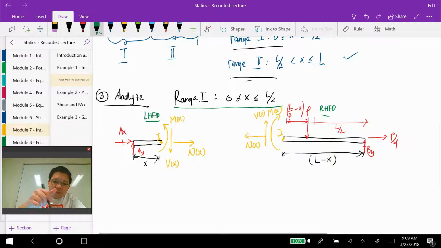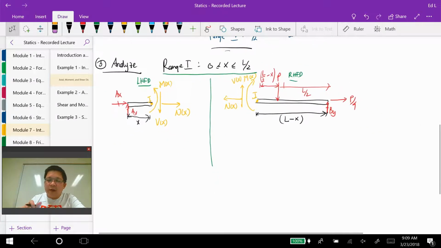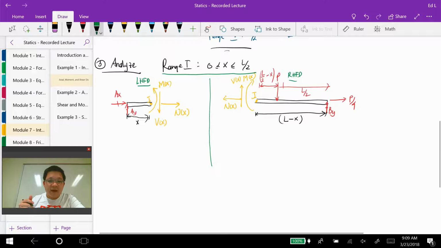So right now we have two options: you can calculate M of x and V of x on this first range using the left hand free body diagram or the right hand free body diagram, and it should give you the same result.